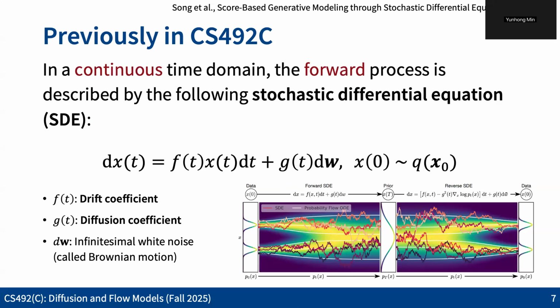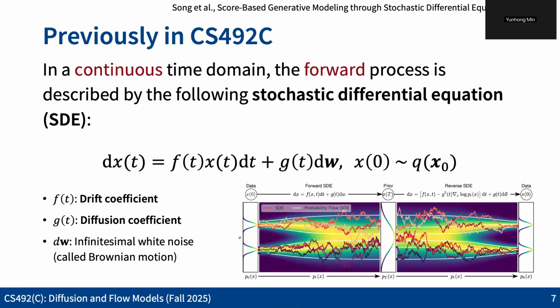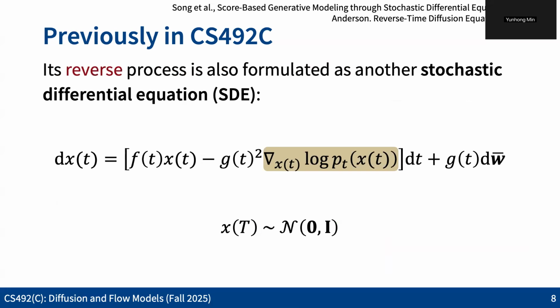And without giving any proof, one of the key things when seeing diffusion models in the continuous time domain is that once we have the SDE, the stochastic differential equation, defining the forward process of diffusion models in this way, then we can directly find the SDE for the reverse process, which is now defined in this way.